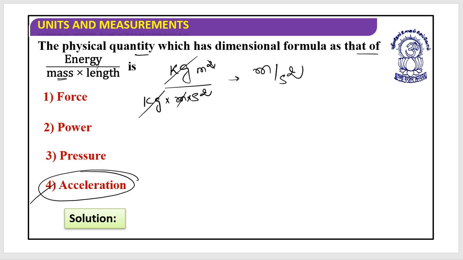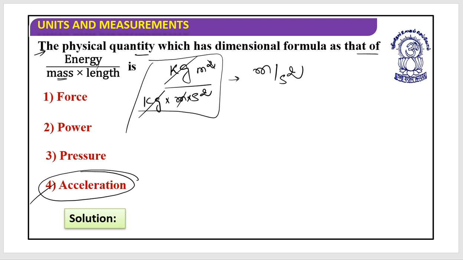Always consider one thing when solving this kind of question in competitive examinations. In competitive examinations, I need only the answer and not the methodology of how the answer has arrived. What I need to do is just write the units of this. Do not go up to the dimensional formula.